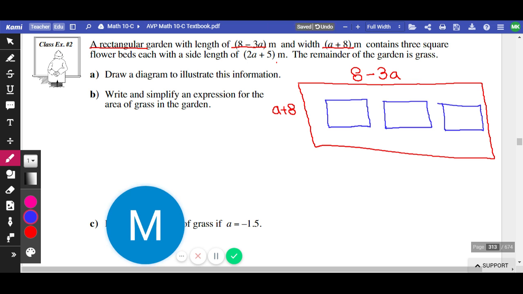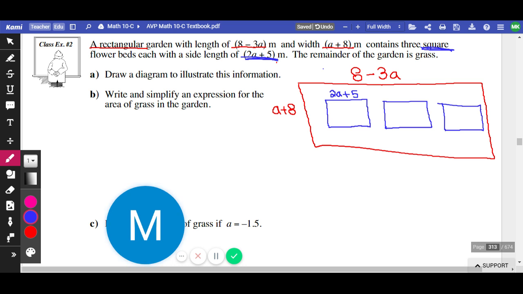You can walk around them and garden in them and all that fun jazz. They said that they're squares with length of 2a plus 5. And they're all the same, so all the sides are 2a plus 5.